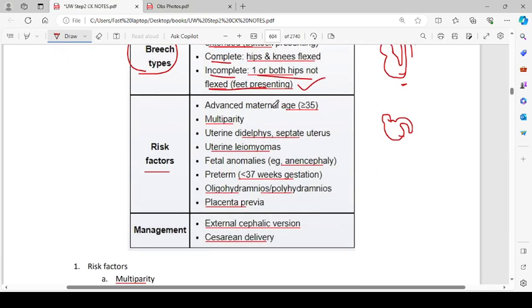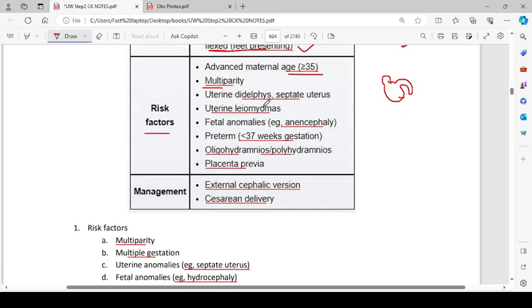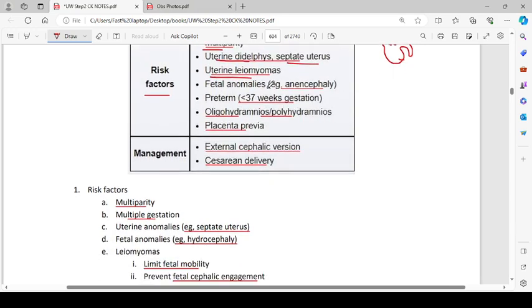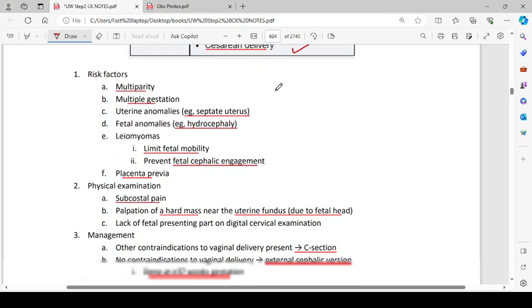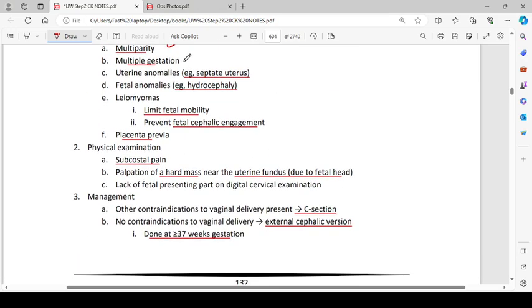Risk factors are advanced maternal age more than 35, multiparity, uterus didelphys, septate uterus, uterine leiomyomas, fetal anomalies, for example anencephaly, preterm less than 37 weeks of gestation, oligohydramnios and polyhydramnios, and placenta previa. Management is external cephalic version and cesarean delivery. Risk factors include multiparity, multiple gestation, uterine anomalies, for example septate uterus, fetal anomalies like hydrocephalus, and leiomyomas, which limit fetal mobility, prevent fetal cephalic engagement, and placenta previa.